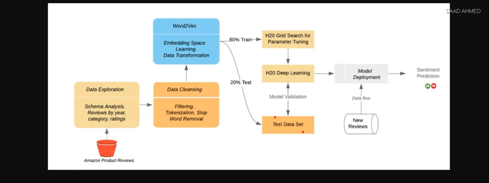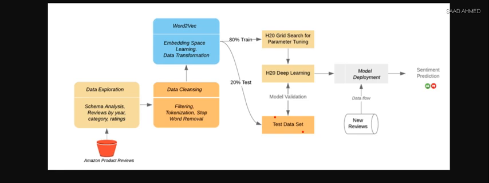Then comes the deep learning part, where I'll be using CNN in this video. After the training of the CNN, the model will be deployed, and then unseen data can be applied to the model, and sentiments of the text can be predicted.